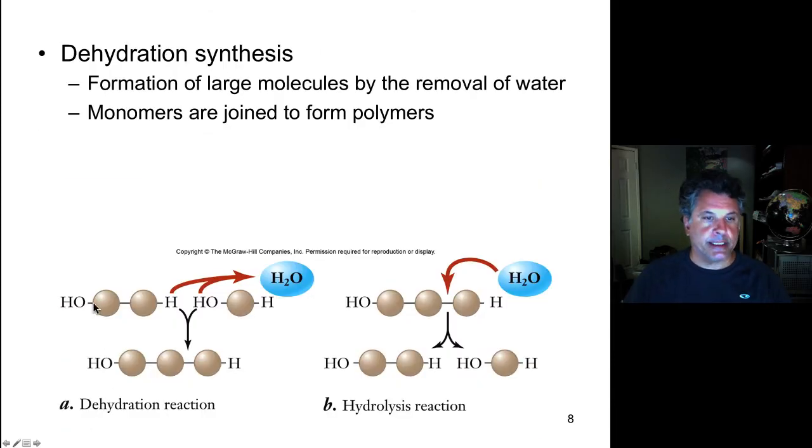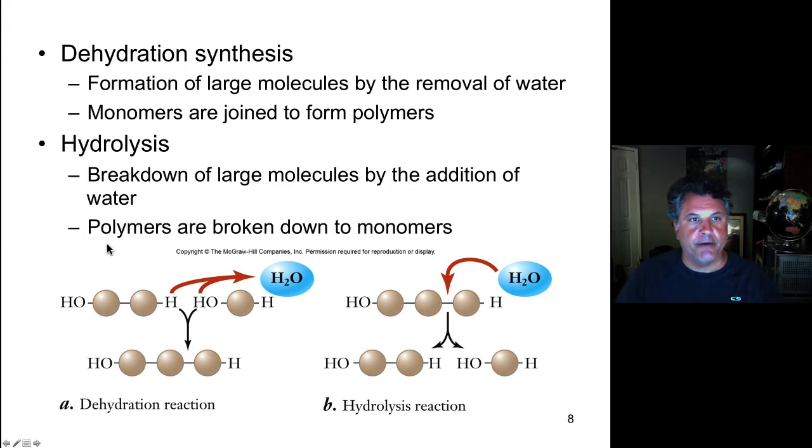So now we're going to consider 2 types of key biochemical reactions that are used to polymerize monomers into polymers, and then the reaction that depolymerizes polymers into individual building blocks or monomers. So first, dehydration synthesis is used to polymerize many of the polymers that we find.